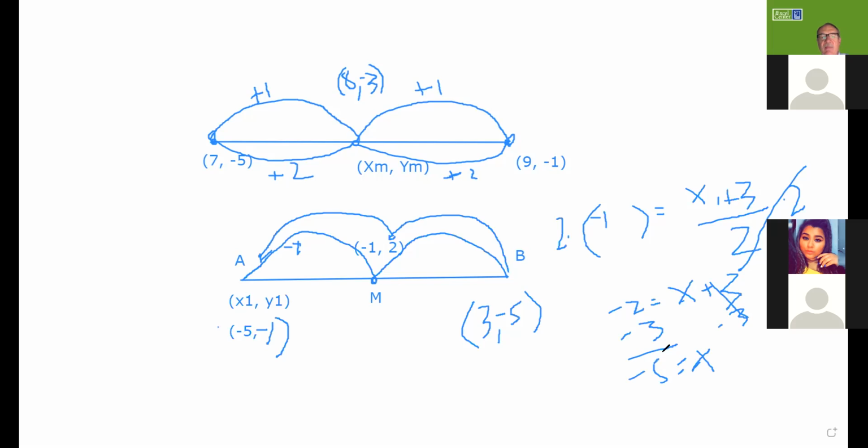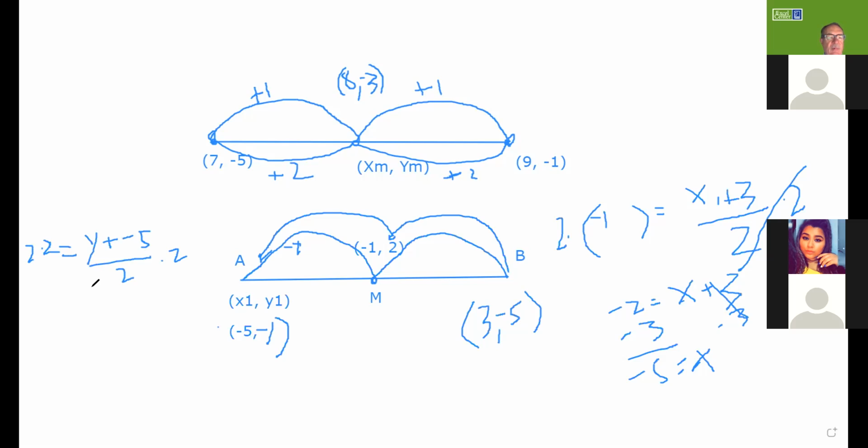Now, do we do the same thing for the y value? Midpoint y value is 2, equals y plus -5 over 2. Multiply both sides by 2.